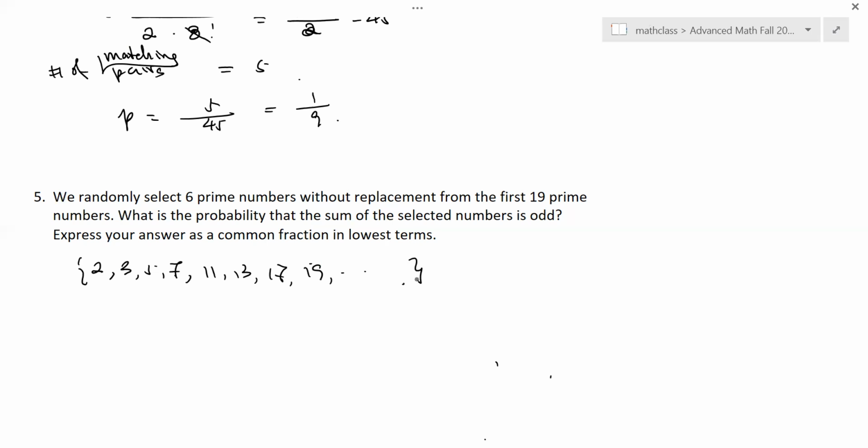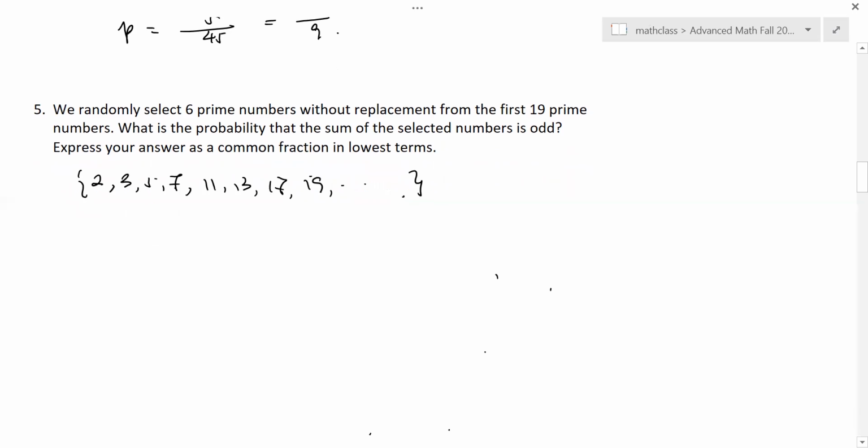So we can figure it out. Yeah, I think the difficult part is still the numerator, right? Like the denominator, let's do the denominator. So the number of sets of prime numbers, right?